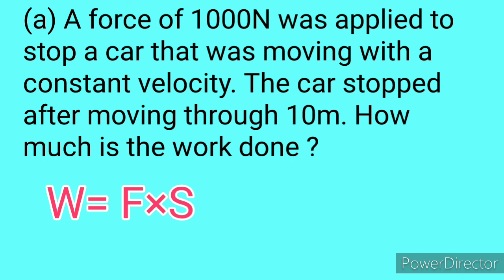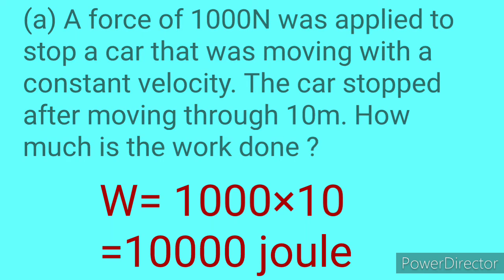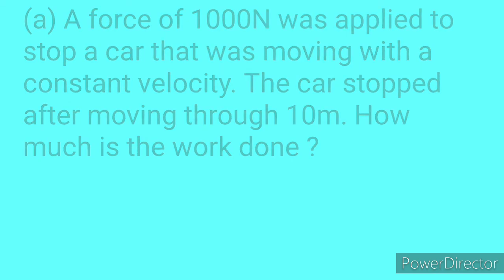So to find out the work done, we need force and displacement. Force is given as 1000 Newton, and the displacement is given as 10 meters. So 1000 into 10 is equal to 10,000 joule. So the work done to stop the car is 10,000 joule.